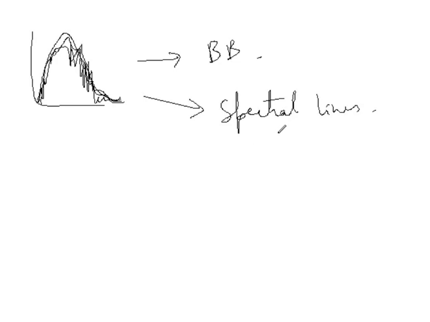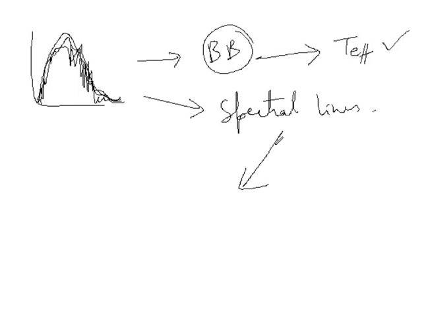From the black body itself we can get the effective temperature, as we discussed, using Wien's law and the Stefan-Boltzmann law.